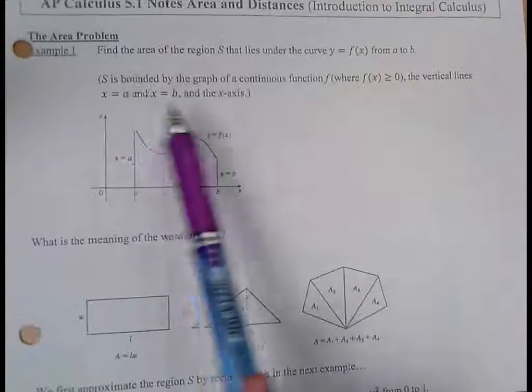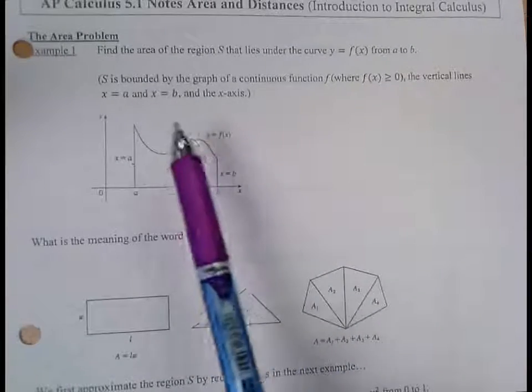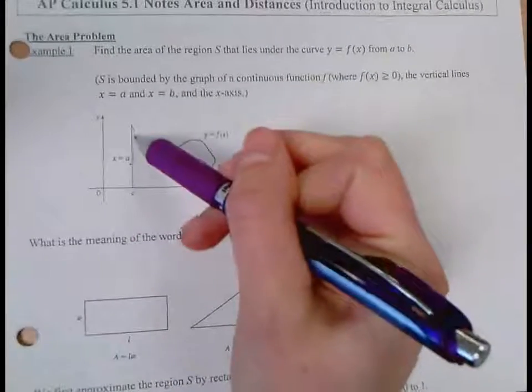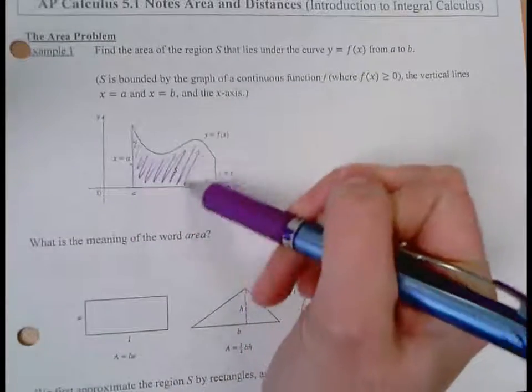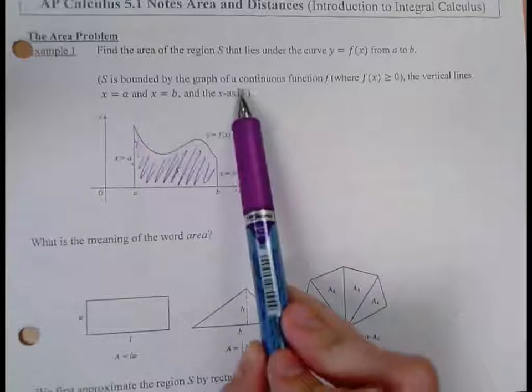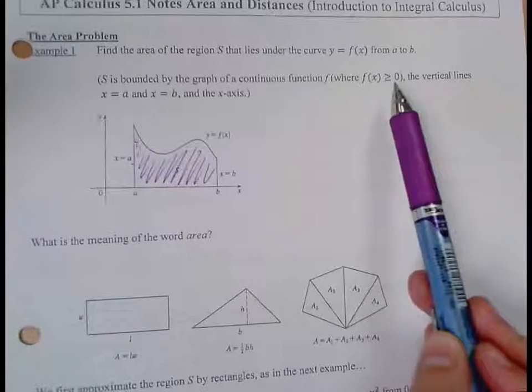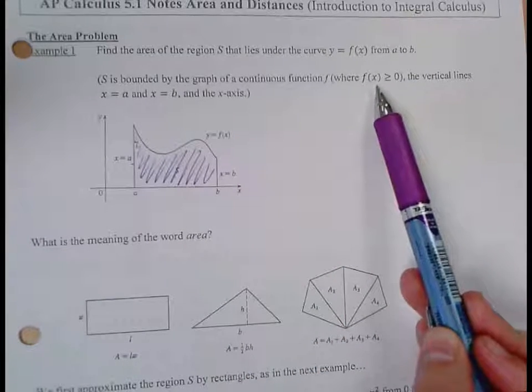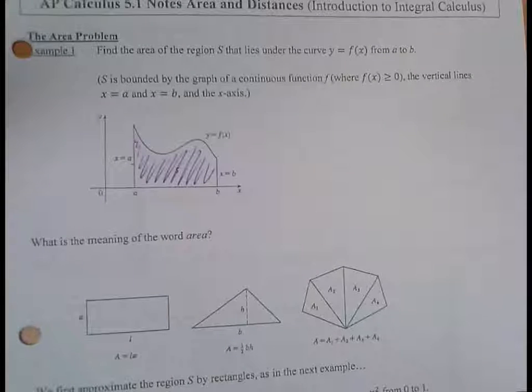S is the region bounded by the graph of a continuous function f, where that function in this example is greater than or equal to 0. It's completely above the x-axis for the portion we're focused on. The vertical lines x equals a and x equals b, and then it's bounded on the bottom by the x-axis. And we are to find the area of that region.